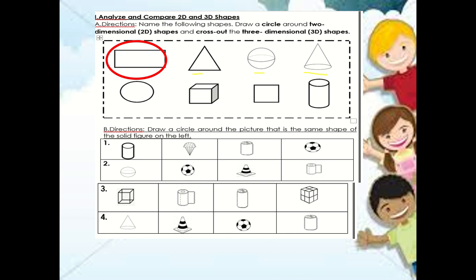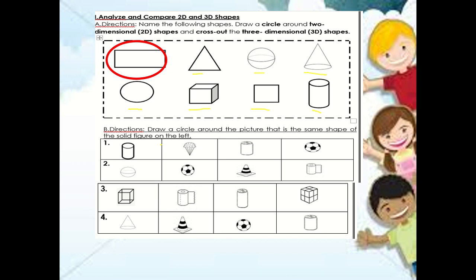Cross out 3D shape. Next, circle. Next, cube. Next one, square. And cylinder. Okay, just be sure that you do it alone, KGs.